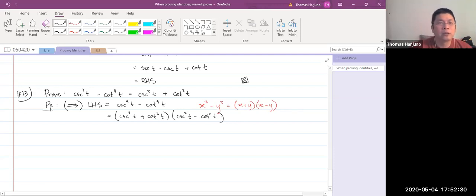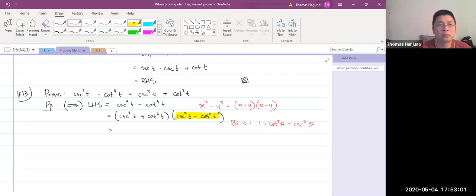Now I wonder if you know what this is equal to. By 2, 3: 1 plus cotangent squared theta equals cosecant squared theta. Right? So if you subtract cotangent squared theta, it will be 1.